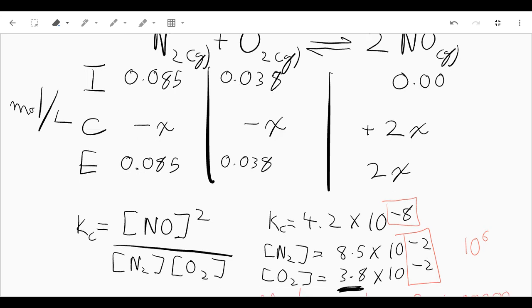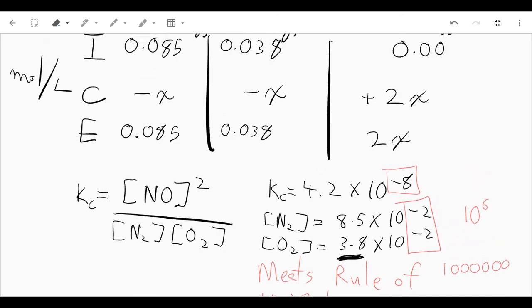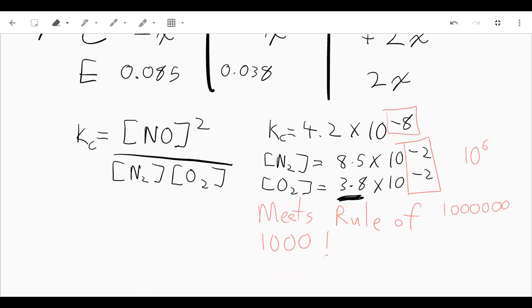The reason that we're doing this is that the change of x is going to be very, very small compared to this initial concentration. And we know that because we know that the initial concentrations are over 1,000 times greater than the Kc value. In fact, they're about 1,000,000 times greater than the Kc value.